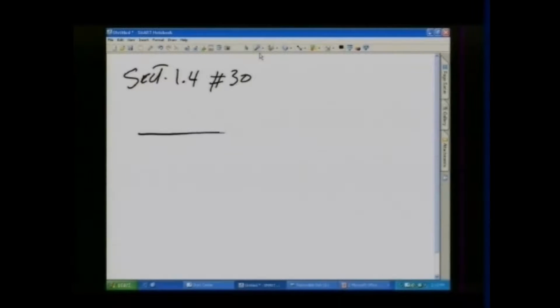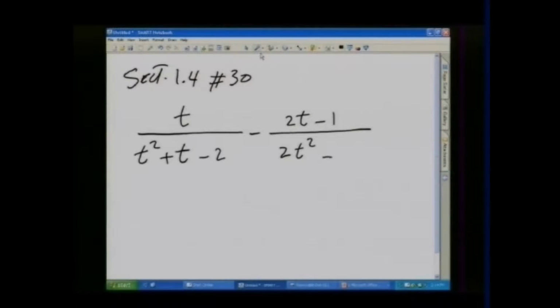You have t divided by t squared plus t minus 2, minus 1 divided by 2t squared plus 3t minus 2, equal to.